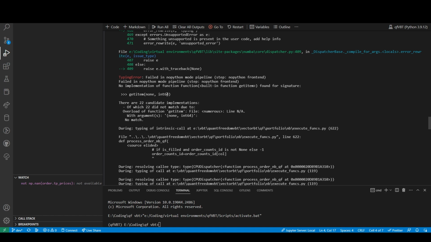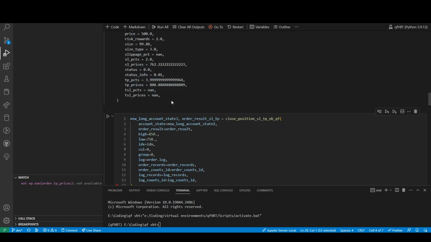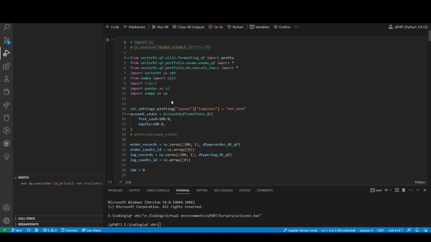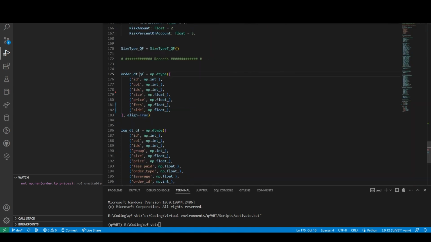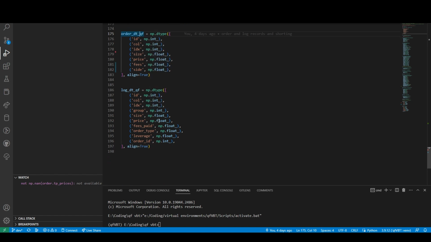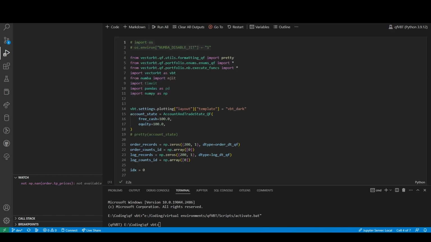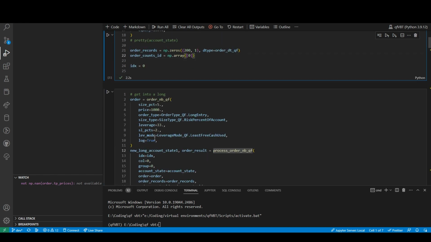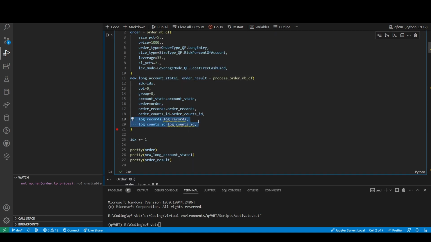Get item none dash into 64. What? Let's hold out on these log records for now. Let's get this. If you see this anywhere, you can get rid of it.